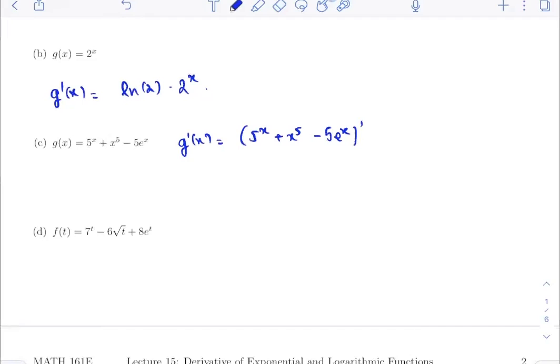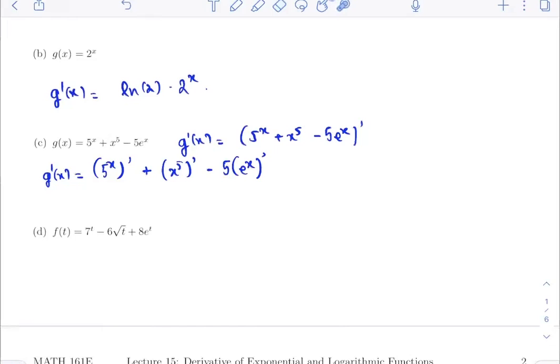So I obtain g prime of x equal to (5 to the x) prime plus (x to the 5th power) prime minus (5 times e to the x) prime. As a quick reminder, the 5 in this case is a constant multiple. When you find the derivative of a constant multiple multiplied with a function, you just put the constant multiple aside and take the derivative of the function itself.